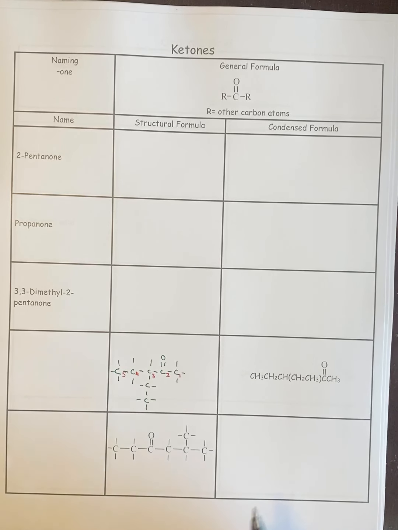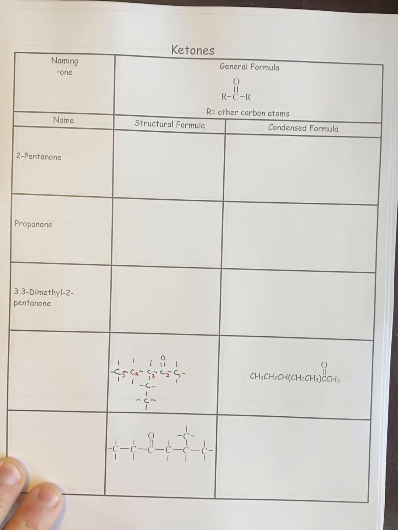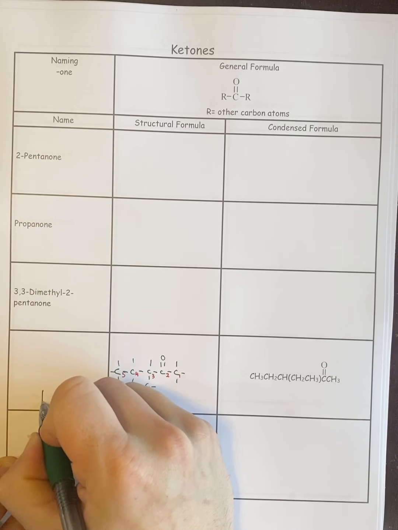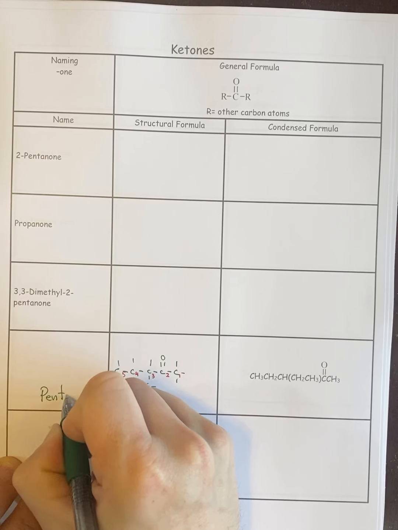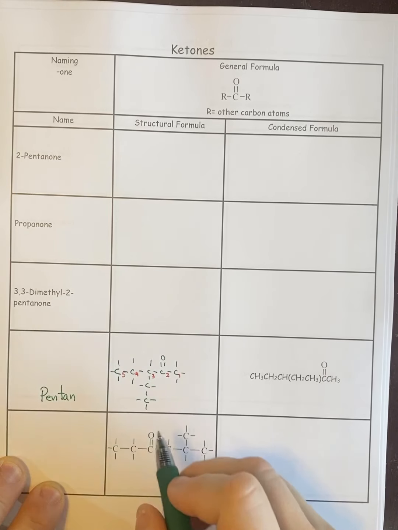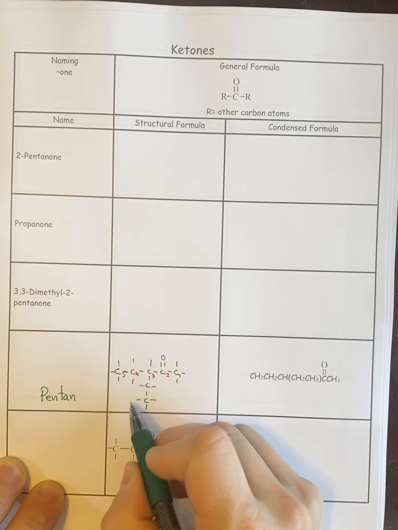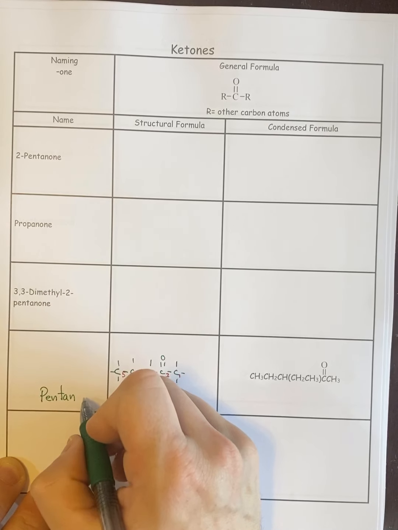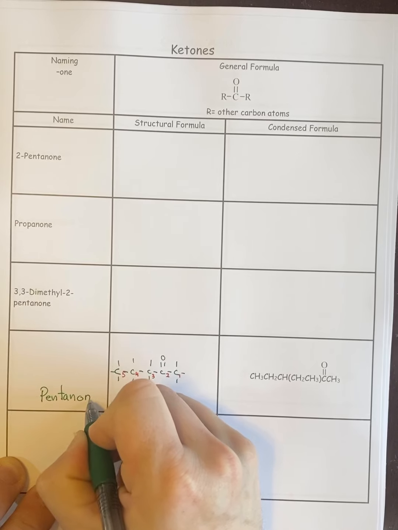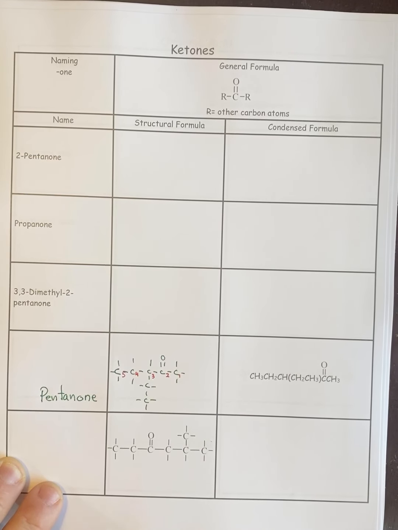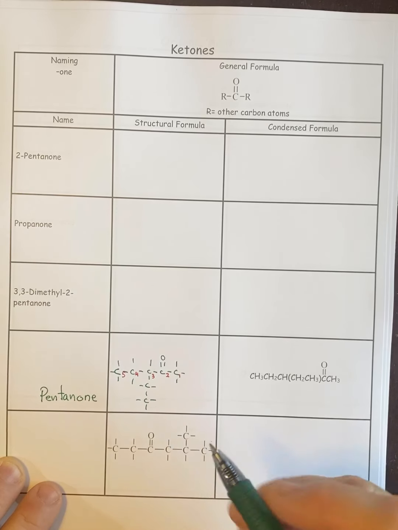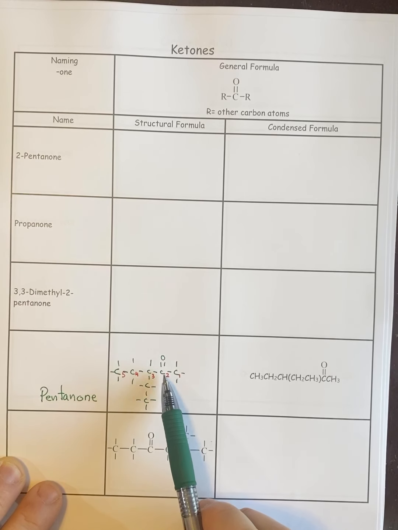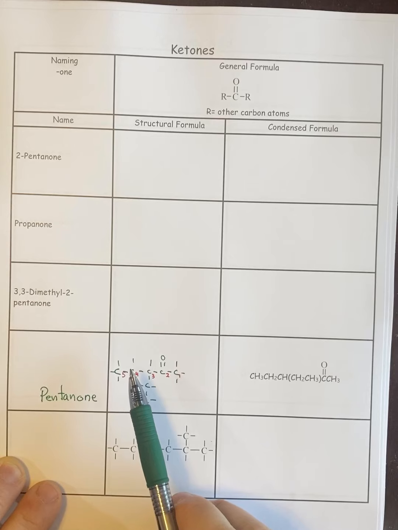So here we have our 5 carbons in a row. So it would be called pentane, right? If it were just 5 carbons in a row, it didn't have a branch and it didn't have a double bonded O. Now, table R tells me I take off the E and add one. I'm also going to have to number the double bonded O because the double bonded O could be on carbon 2, it could be on carbon 3, and it could be on carbon 4.